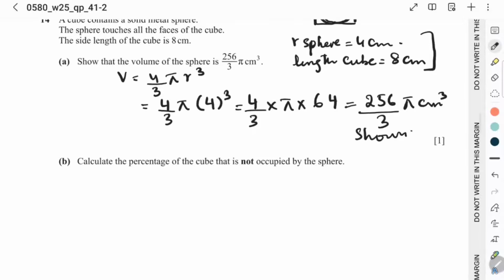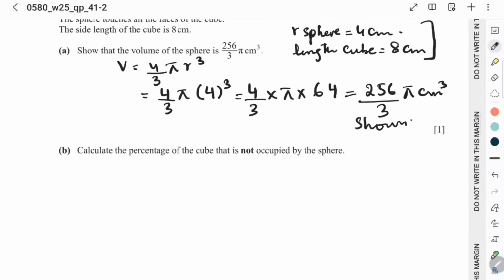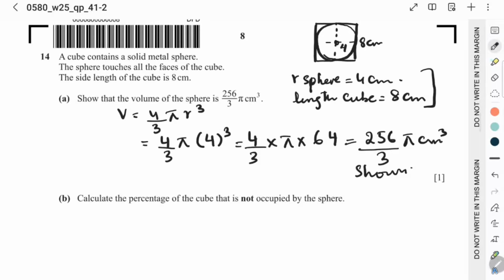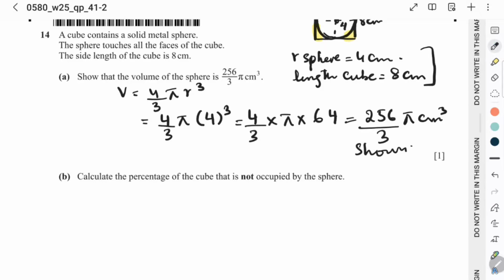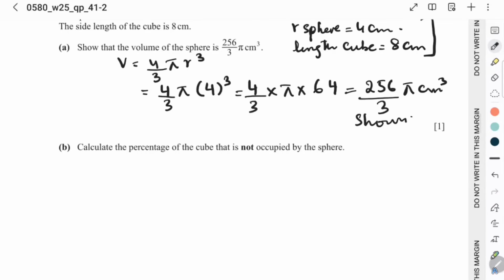Okay, calculate the percentage of the cube that is not occupied by the sphere. So they are asking you these parts. What do we do? We find out the volume of the cube, the volume of the sphere, and subtract. You know that for percentage increase or decrease, we find out the difference divided by the previous one, whatever we find the percentage from, and then multiply by 100.